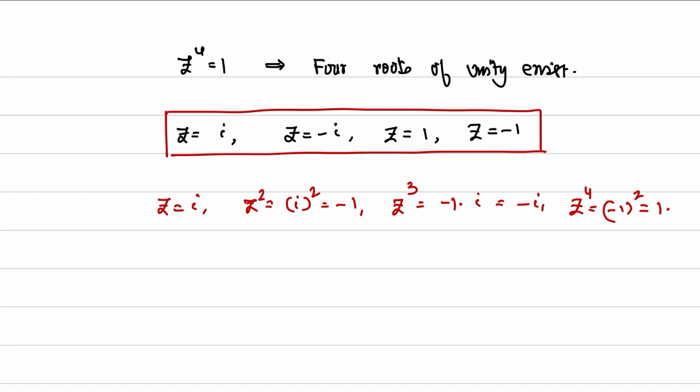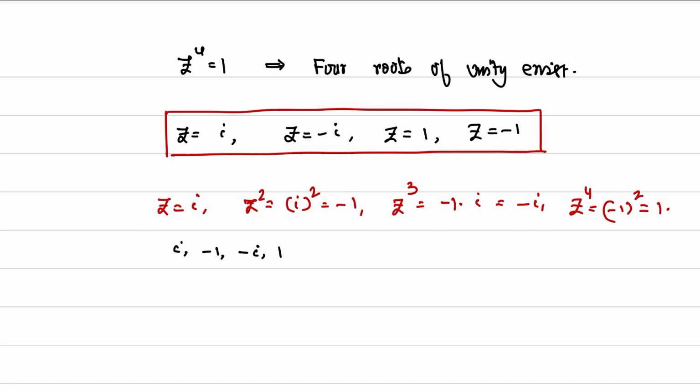What are the roots? 4 roots. The roots are i, minus 1, minus i and plus 1. These are the 4 roots.